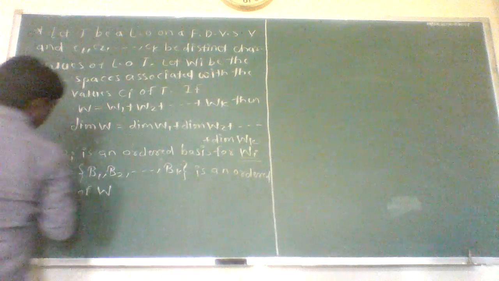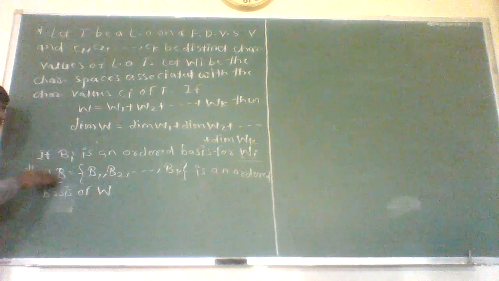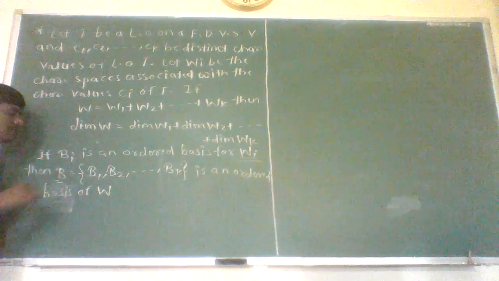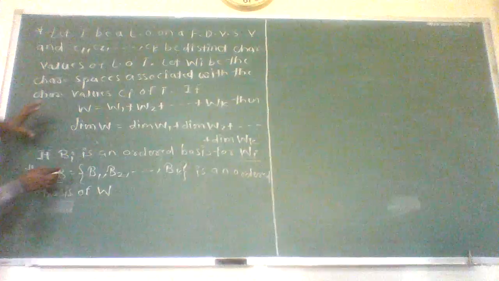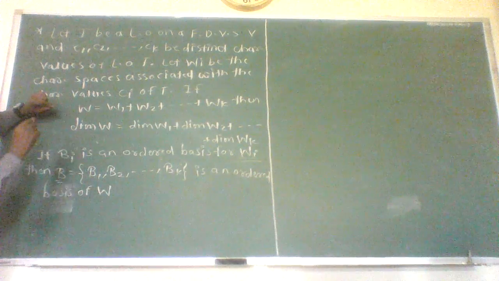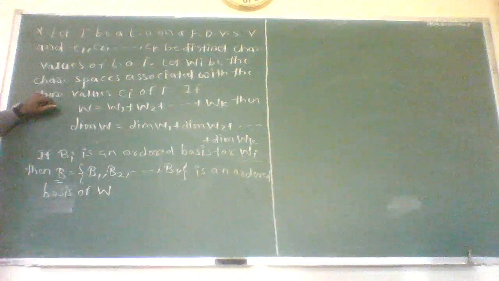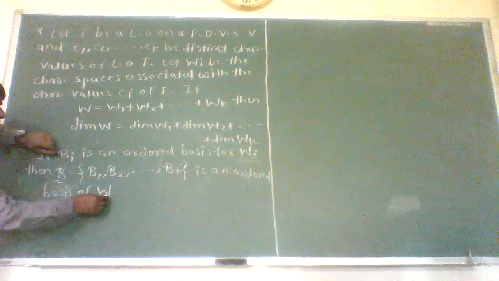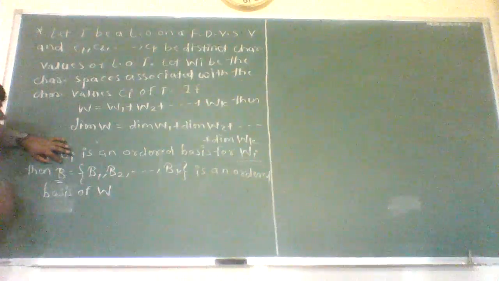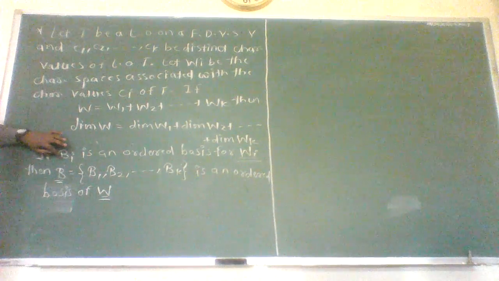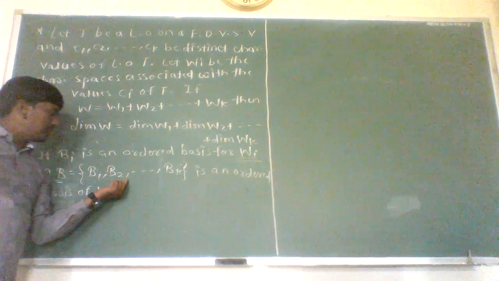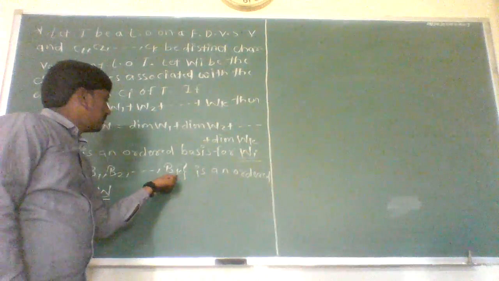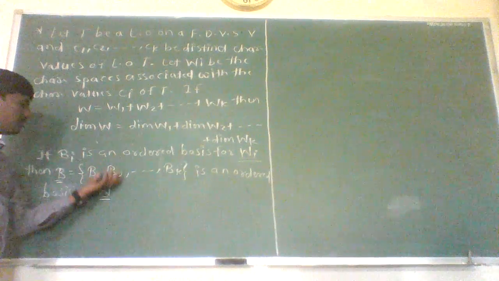Okay, now if this curly B is a basis, then it is linearly independent and it spans W. Therefore, the dimension of W is the number of linearly independent elements in this curly B. So the dimension of W is the number of elements in B1 plus the number of elements in B2 up to the number of elements in Bk.